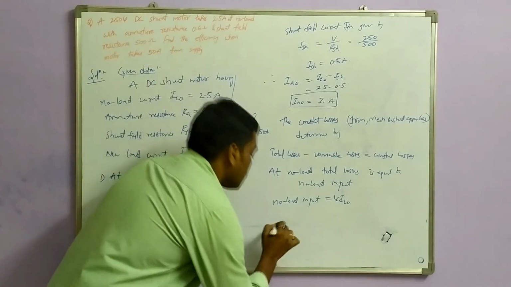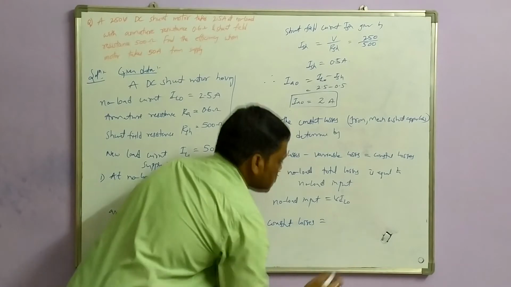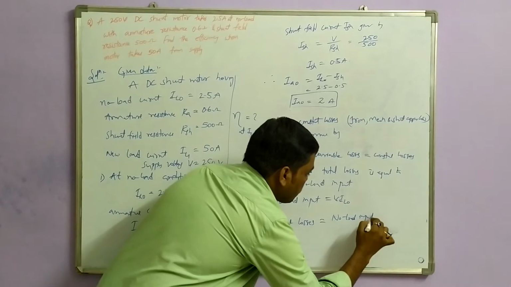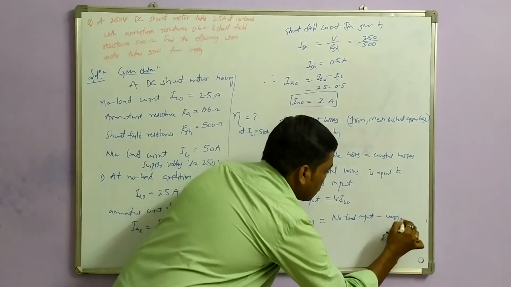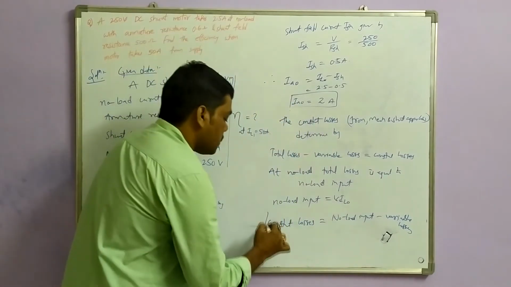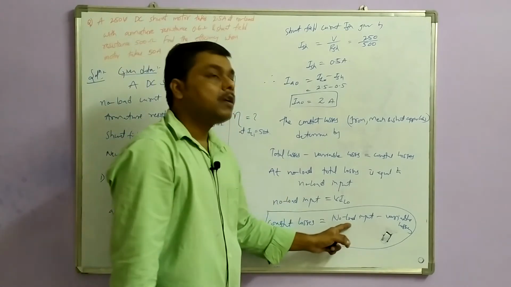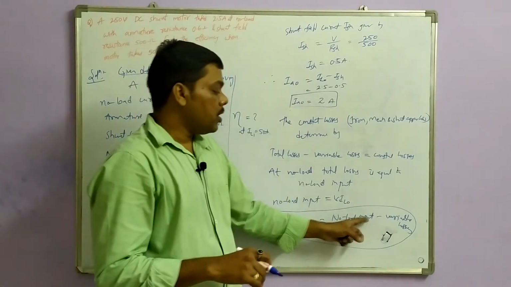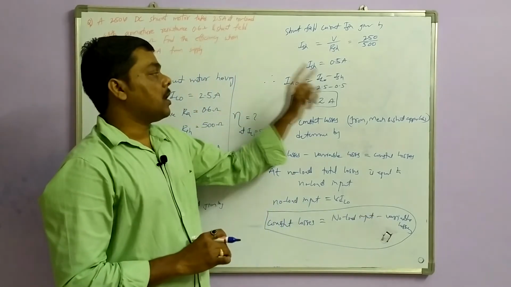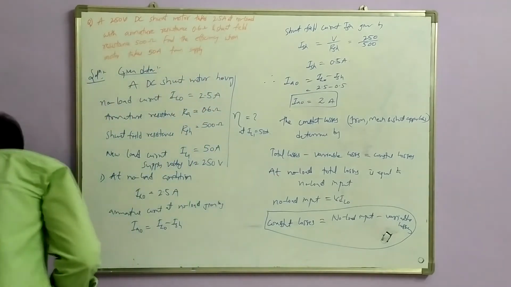Now the constant losses are equal to the no load input, which is the total losses here, minus variable losses. What are the variable losses? Armature copper losses. Now I am going to deduct those losses.